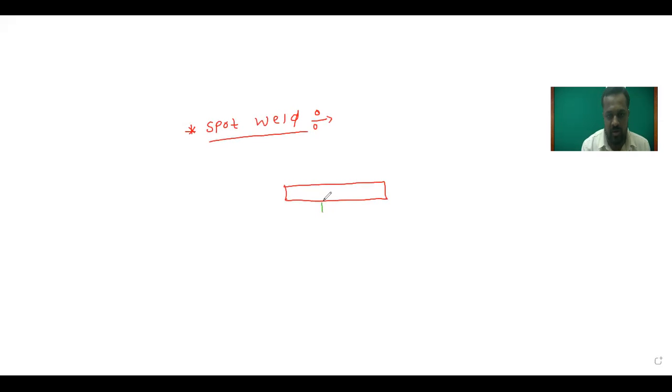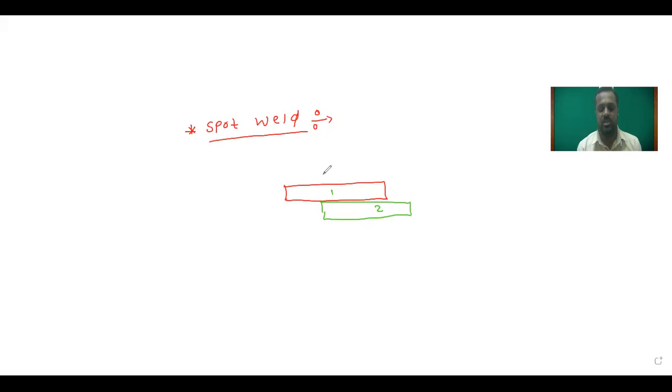Two plates, it will be like this. Plate one and plate two. Now we have to join those two plates with the help of spot weld. How can we join them with the help of welding? Before that, I will show you a small animation of the spot weld, how actually spot welding is carried out.